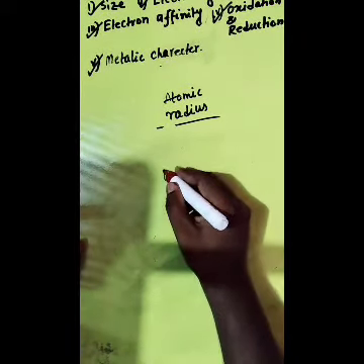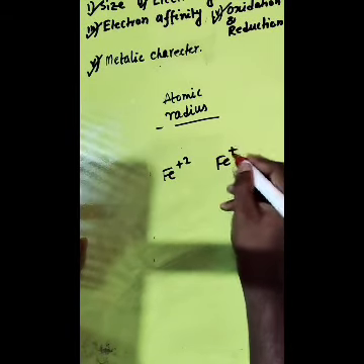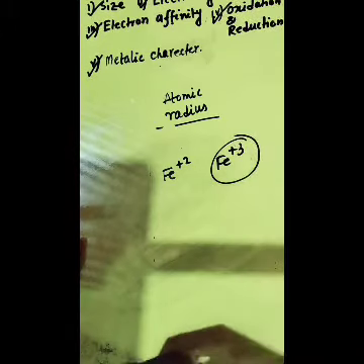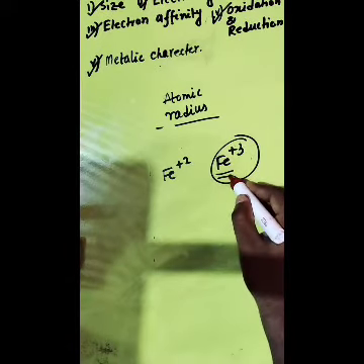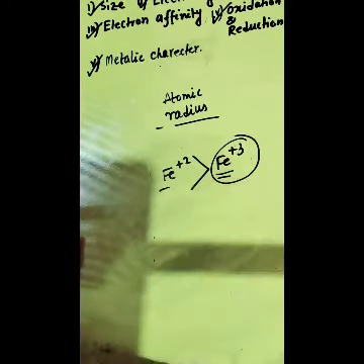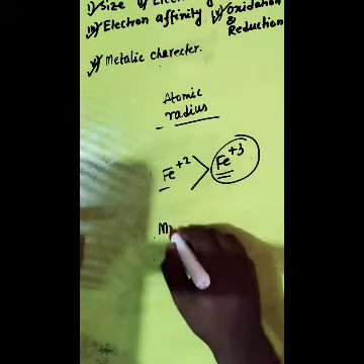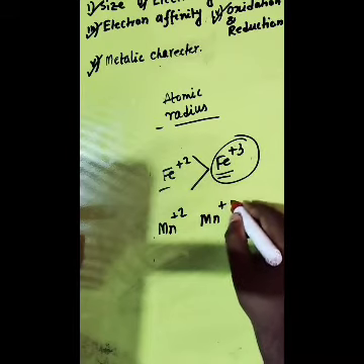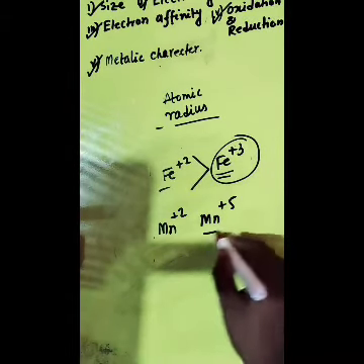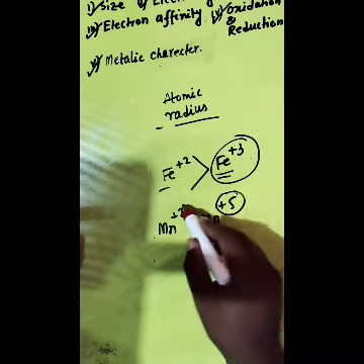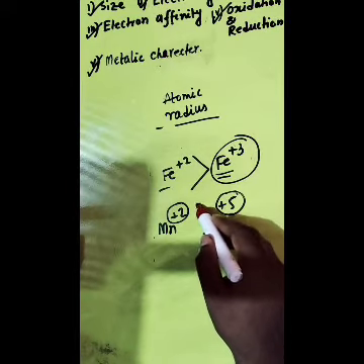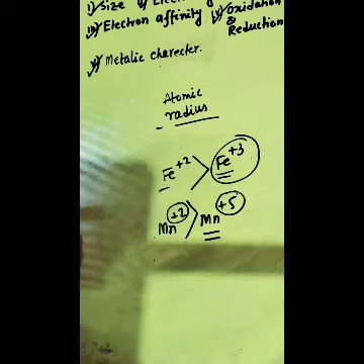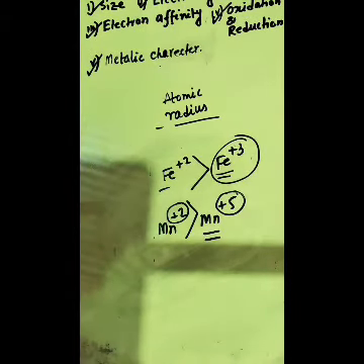For example, if you want to compare the size between Fe+2 and Fe+3, Fe+3 has a higher oxidation state, and therefore its size is smaller than Fe+2. Similarly, consider manganese +2 and manganese +5. Manganese +5 has a higher oxidation state than manganese +2, therefore manganese +5 has a smaller size than manganese +2. This is the relation between oxidation state and atomic radius.